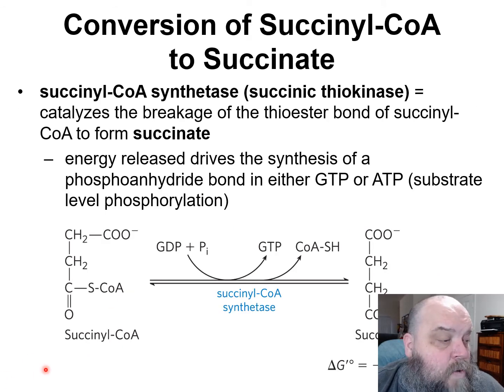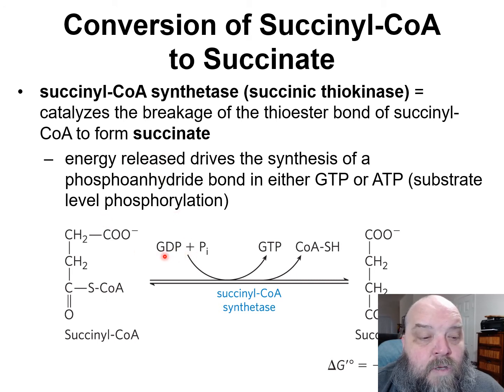So the succinyl-CoA, okay, got to change that up. Can't do anything with it because we can't stop here, and we can't directly turn this back into oxaloacetate. So first, we're going to remove the CoA.